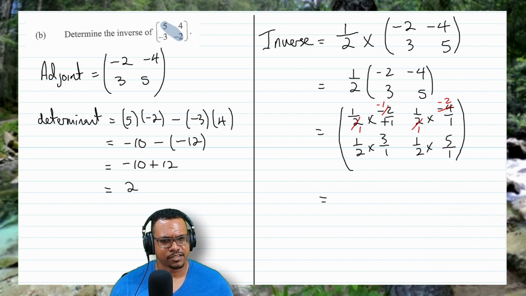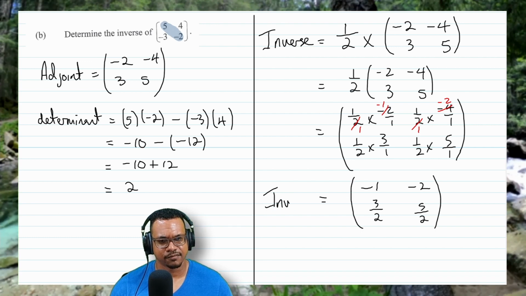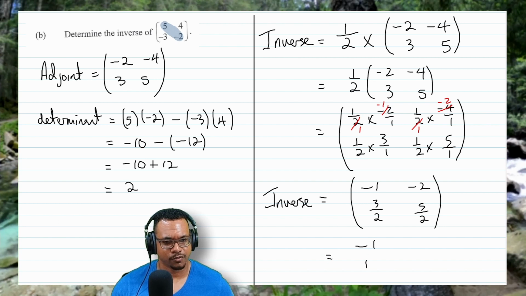So I'll have here, this will just be -1. This will be 3 over 2, which is 1.5. And this will just be -2. And this will be 5 over 2, which is 2.5. So this is my inverse. Yeah, that's right. -1, 1.5, -2, 2.5.